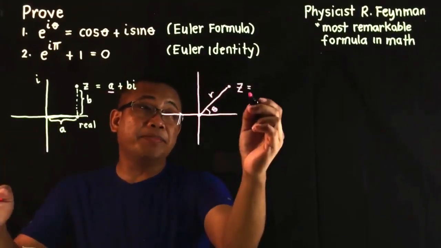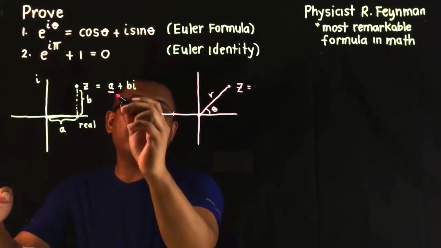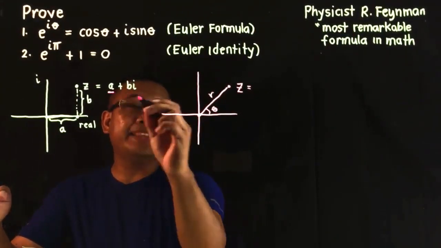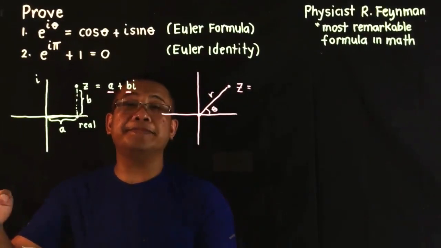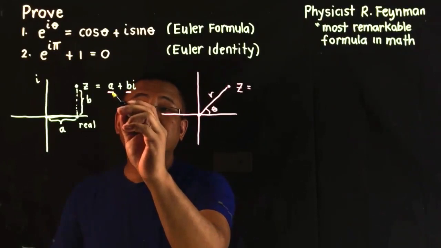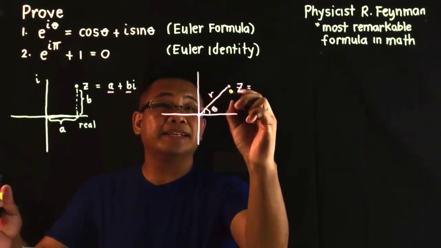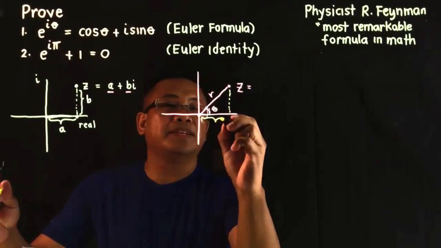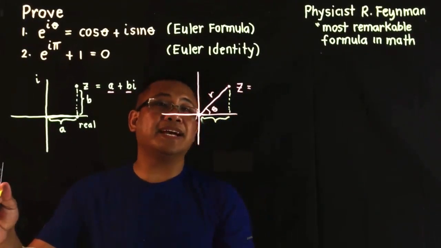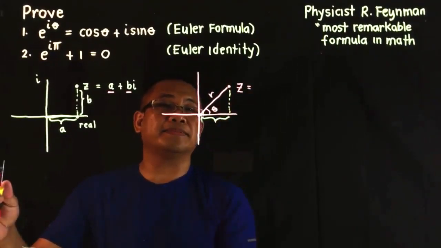And then to represent our point z, we need to get the equivalent form of this a in terms of the polar coordinate and the corresponding value for b. But we can get the value of a and the value of b in terms of r and theta by constructing this right triangle. So this side is the adjacent side and this length is the hypotenuse.